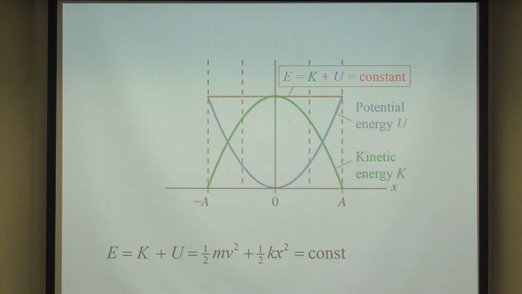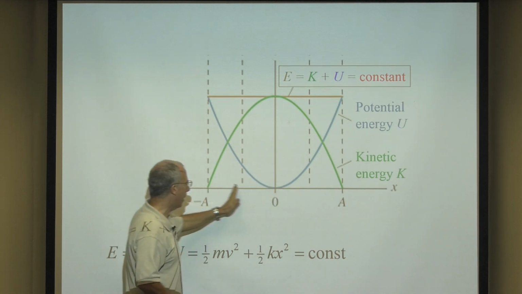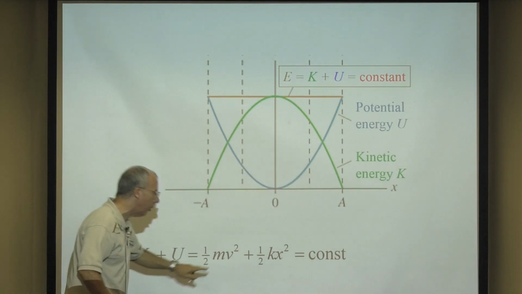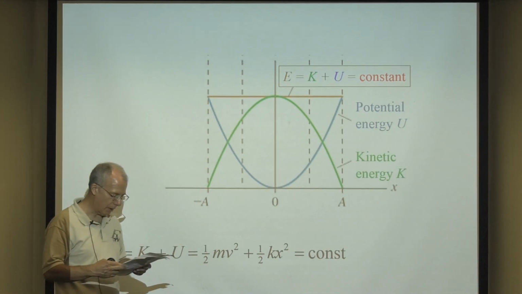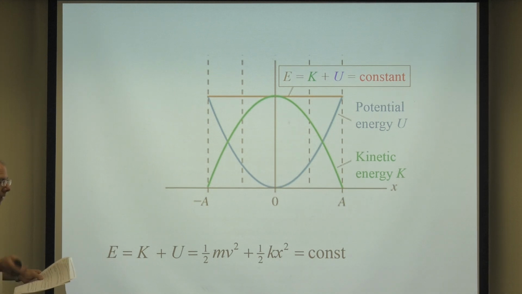So remember, this is true anywhere for any value of x, which means for any value of v. This is always going to be true. So what I want to do is, again, figure out the constant. Take any value of x you want, and at that value of x, figure out v.